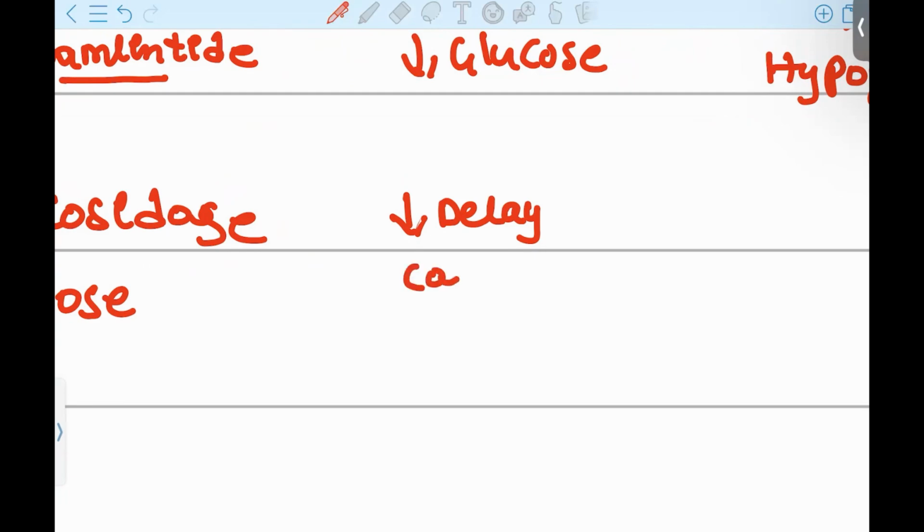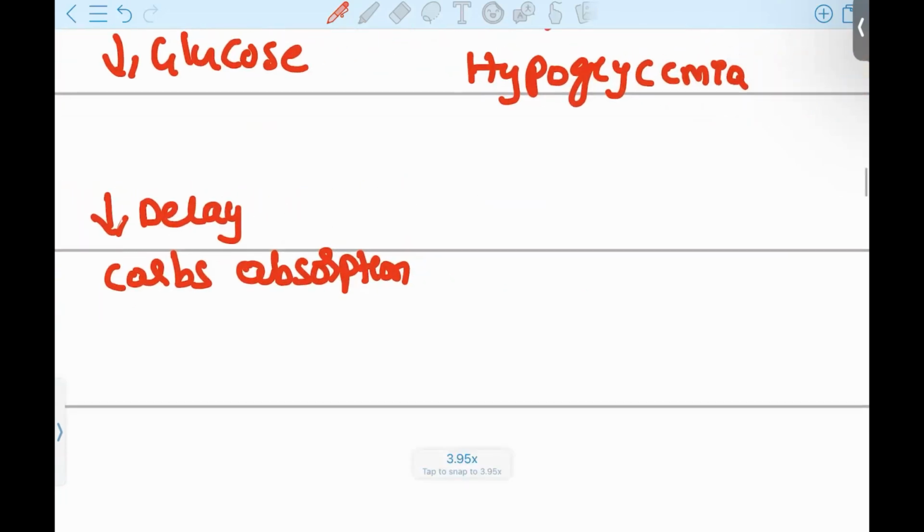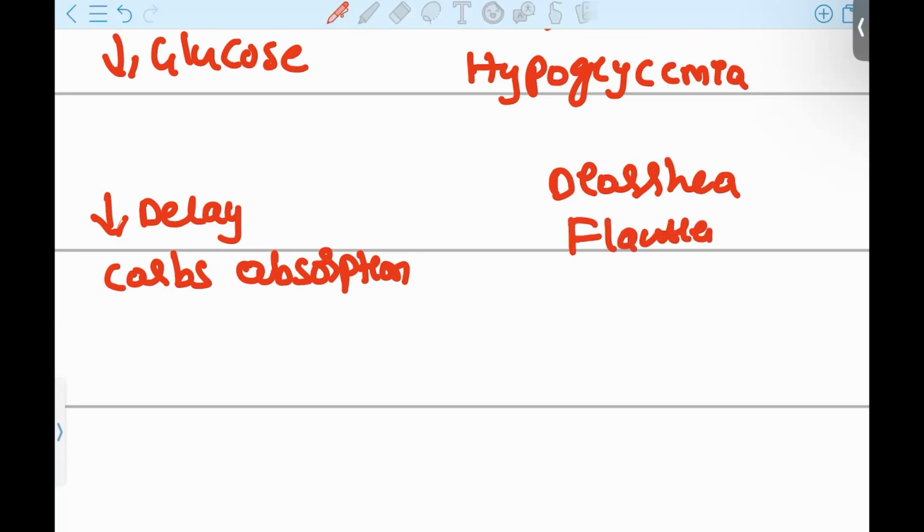The main mechanism is that carbohydrate absorption is delayed with alpha glucosidase inhibitors. The side effects: patients usually have diarrhea, because the intestinal digestion is very poor. So the patient will have diarrhea and also flatulence. These can be seen.